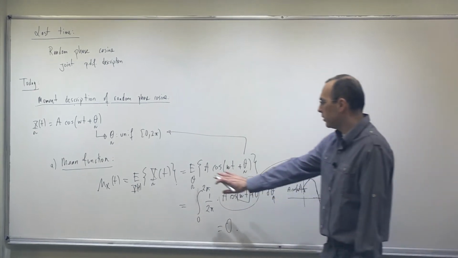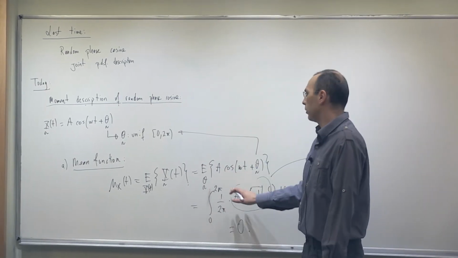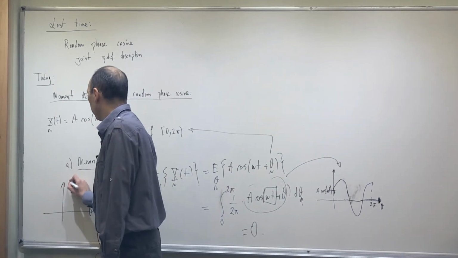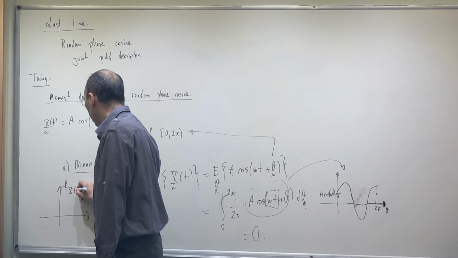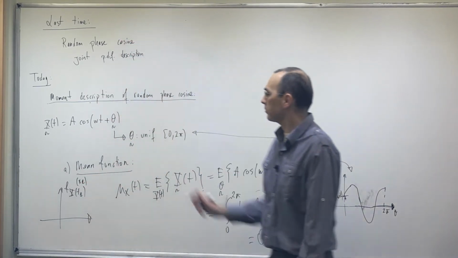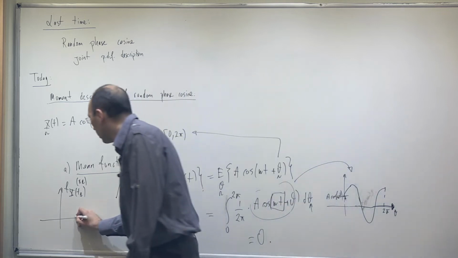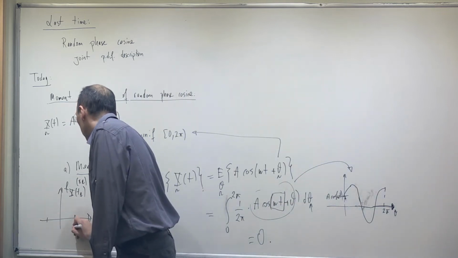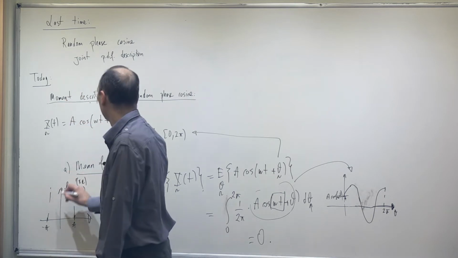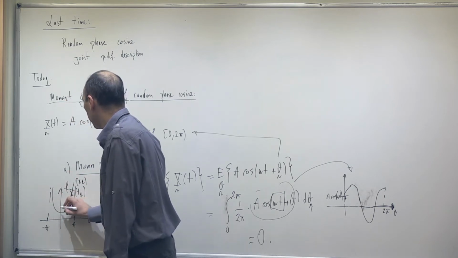This is some, you may say, calculus. But do you remember we evaluated this density last time? We sketched this. It was limited to A and minus A, so it has a shape like this.